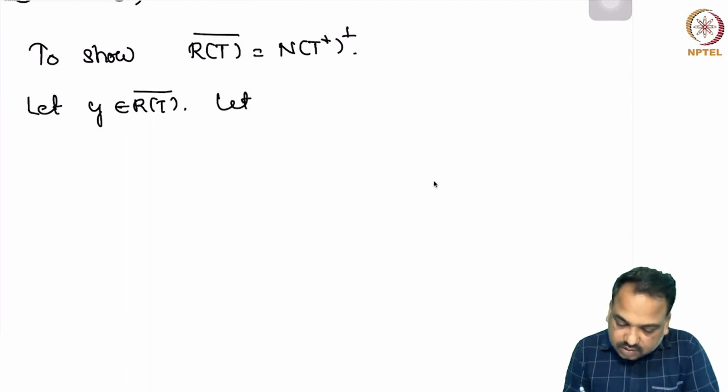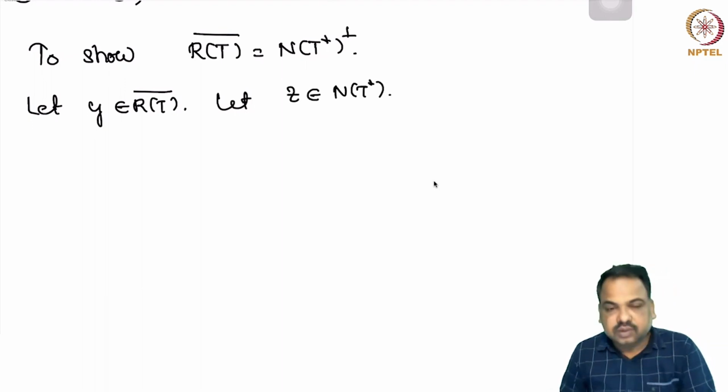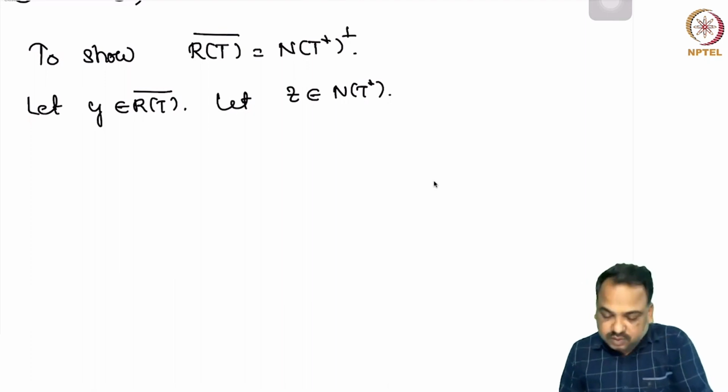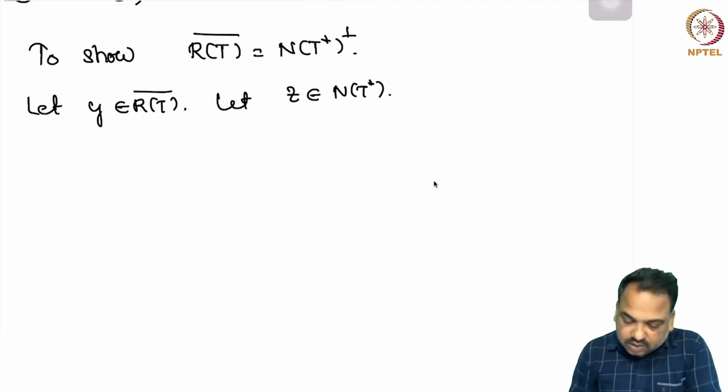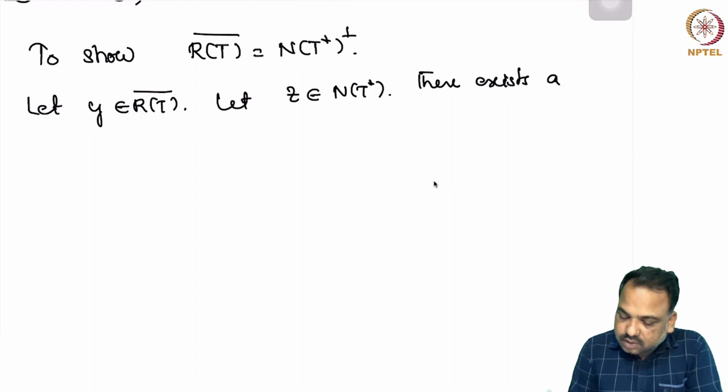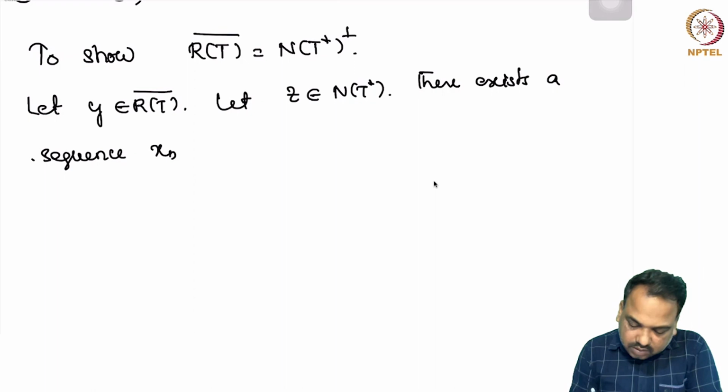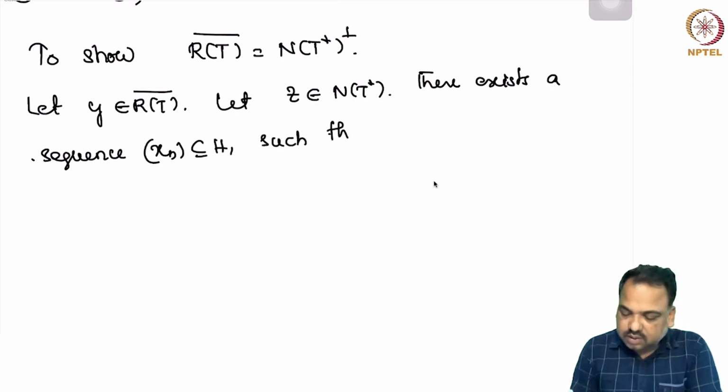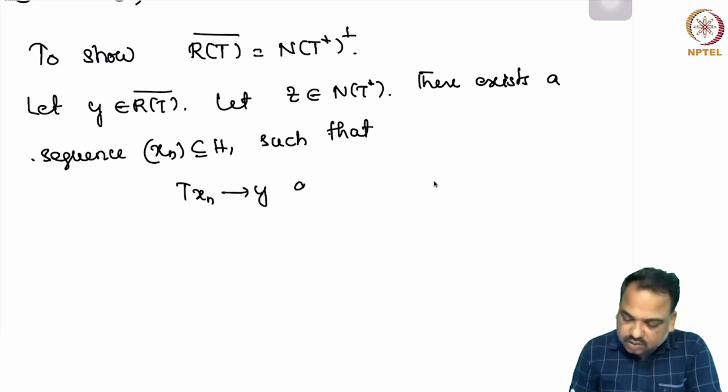So let us take z in null space of T star. We want to show that inner product of y with z is 0. Since y is in range of T closure, there exists a sequence xn in H1 such that Txn converges to y as n tends to infinity.